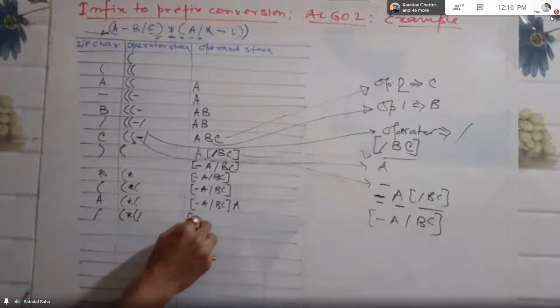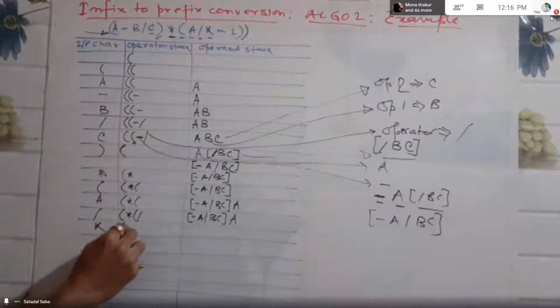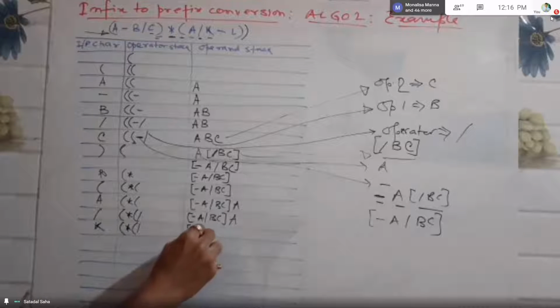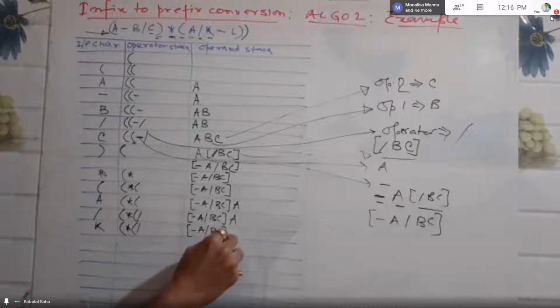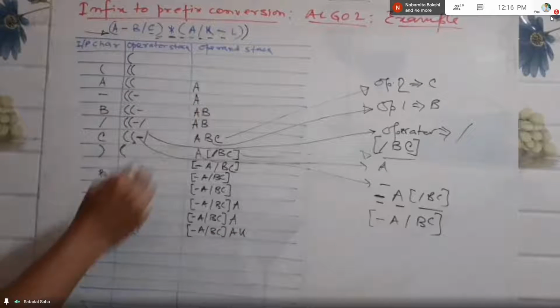So nothing is here. Then you press next operand, that is K. And then you press a minus sign.